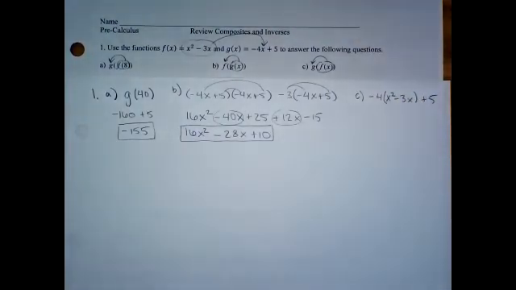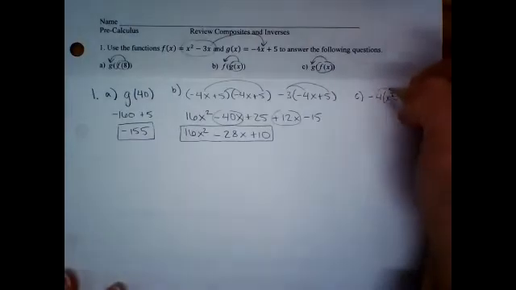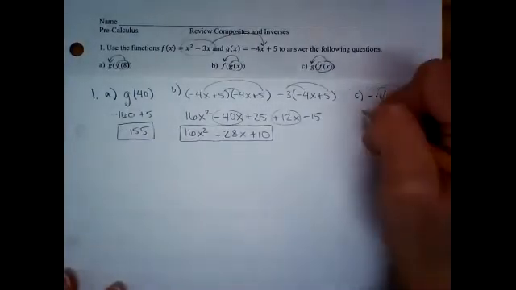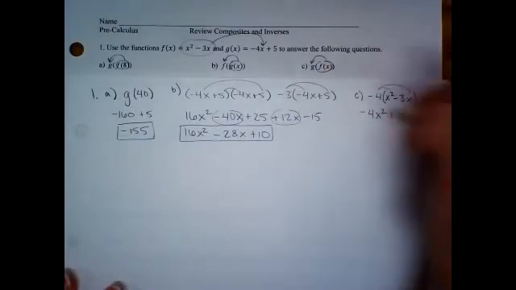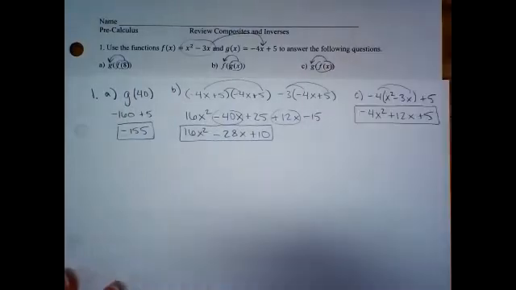And there's only one step to that. What's the only thing you're going to have to do? Yeah, distribute the negative 4. So that'll be negative 4x squared plus 12x plus 5. Again, once you get there, don't do anything else. There's no need to factor or anything to stop. Leave it.